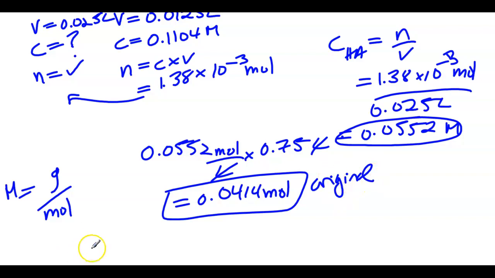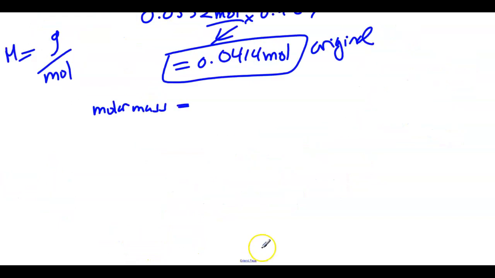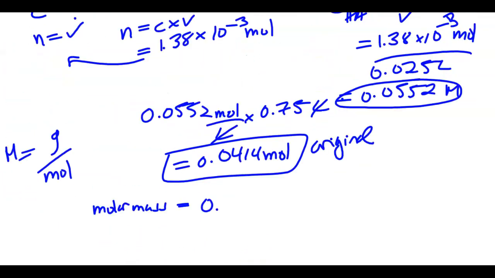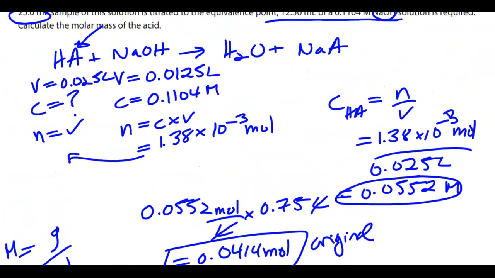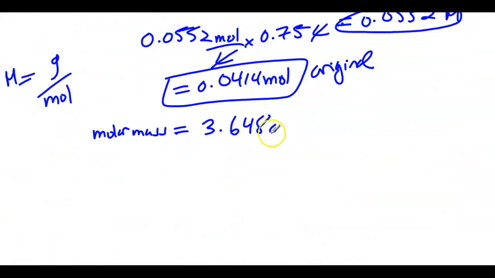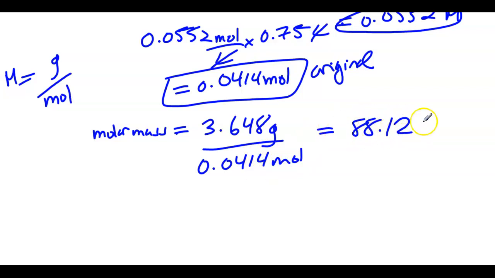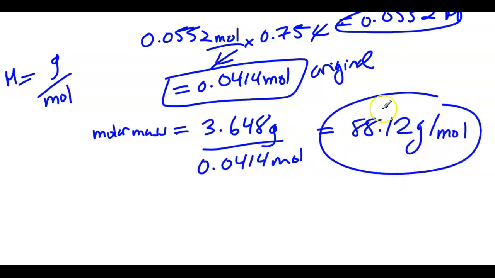So now we can figure out the molar mass by doing 3.648 grams per 0.0414 moles, which gives us the molar mass of 88.12 grams per mole.